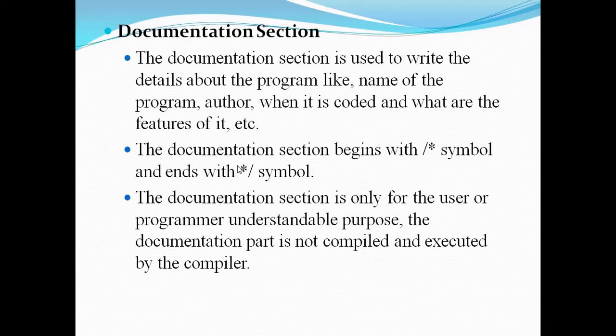The lines written in the documentation section cannot be compiled. It is only for the user's or programmer's understanding, and the compiler will not execute the statements or lines written in the documentation section.